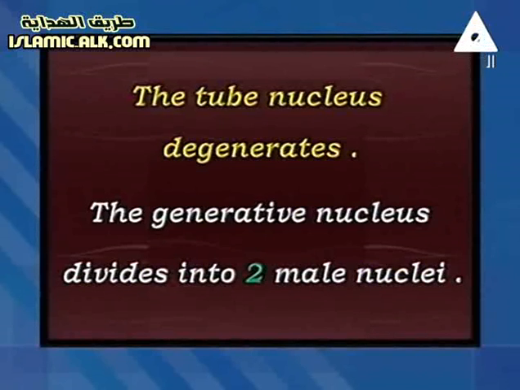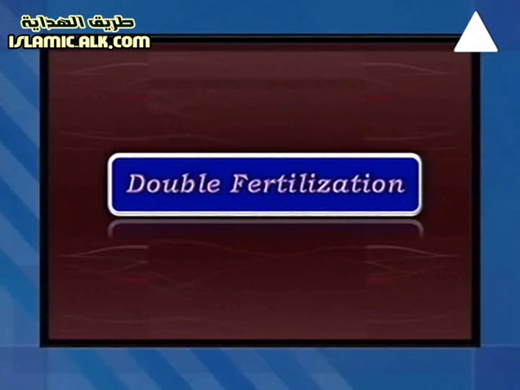And the generative nucleus starts by dividing into two male nuclei. We have something here called double fertilization. The double fertilization happens only in plants, and it doesn't happen in animals, till now.